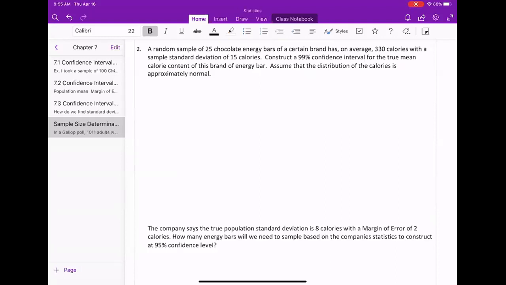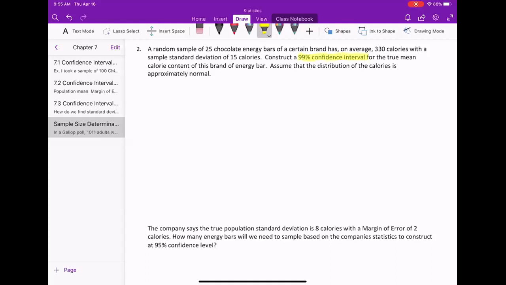So, what type of problem is this? Confidence interval of the mean.